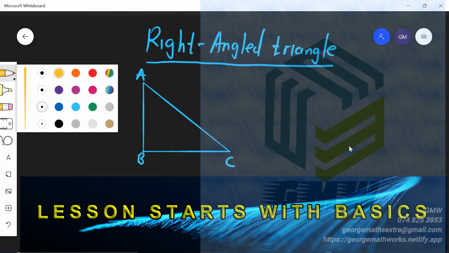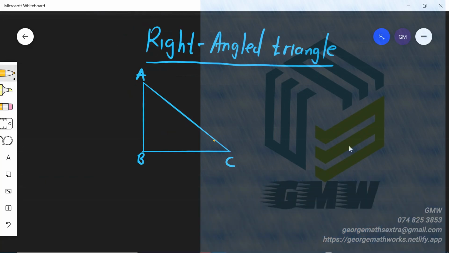What name do we give to the side AC? The hypotenuse. And this one, if this is the angle, the opposite. And this one, if the angle is this, the adjacent, right?